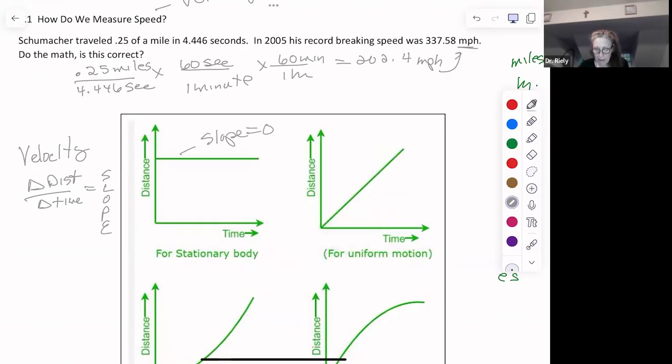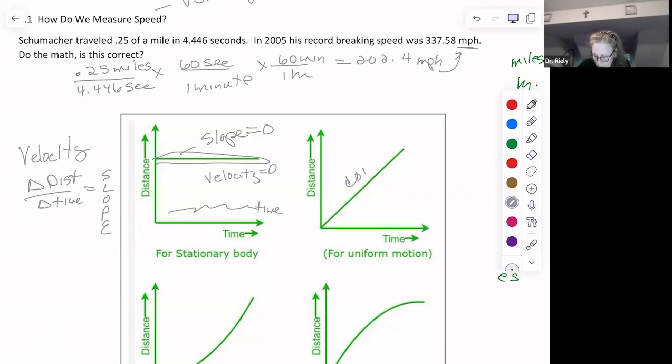And if you think about it, he is traveling, but he's not moving at all. Time is going on, but he's not moving. So therefore he's sitting there at 0 velocity. So slope is 0, so therefore velocity is also 0.